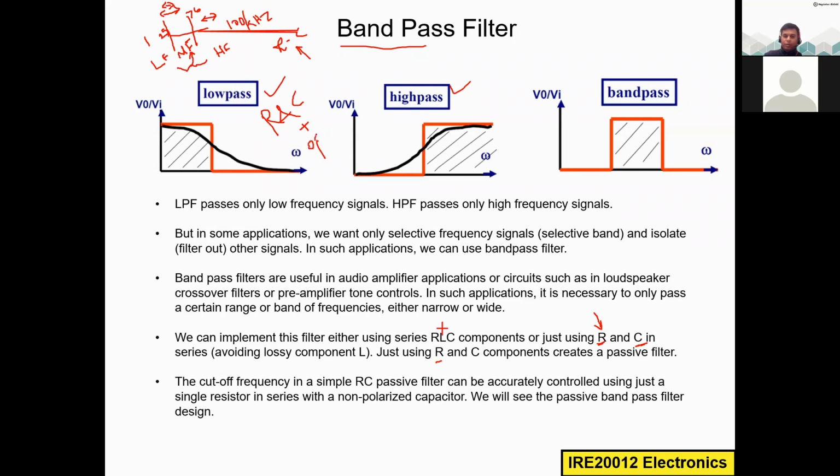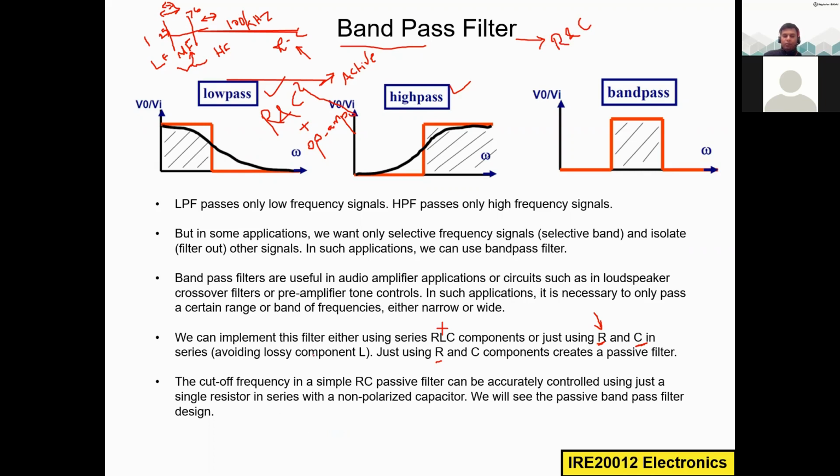If you use this op amp together with R and C components, then that kind of filter is called active filters. So today we will start with passive band pass filter. It means we are going to design this band pass filter only using passive components, which are resistors and capacitors.